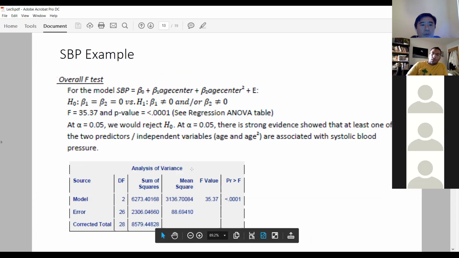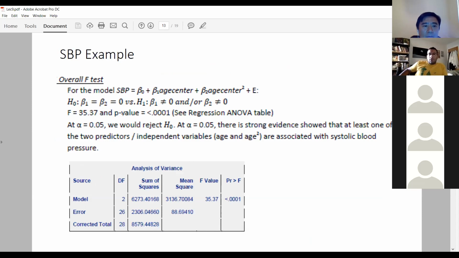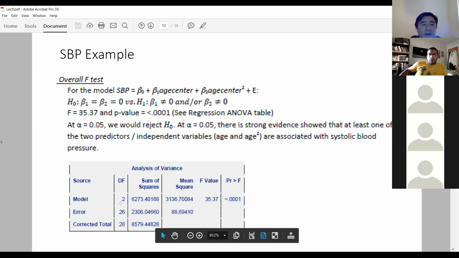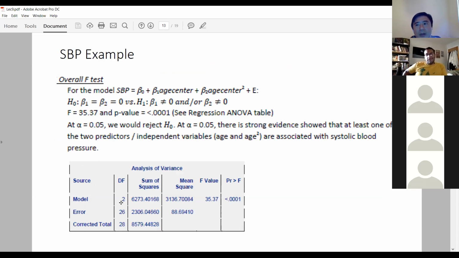The other thing I want you to know in this topic is you should be able to do an overall F test. This F test is similar to testing the model itself. Here the overall test is testing the quadratic terms added together with the linear terms of age altogether.